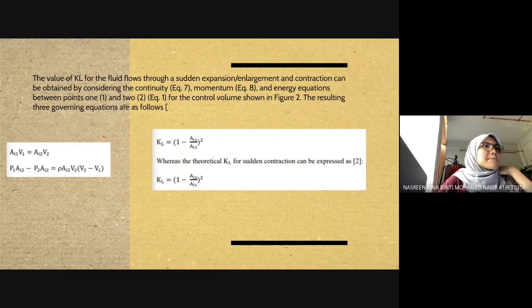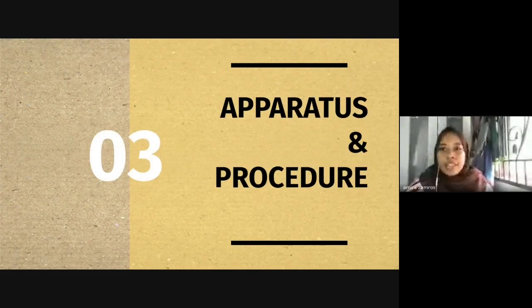The value of KL for the fluid flowing through a sudden expansion or enlargement, or also known as contraction, can be obtained by considering equation 7, A1 V1 equals A2 V2, momentum equation 8, and energy equation between point 1 and point 2 for the control volume. Next we go with apparatus and procedure.